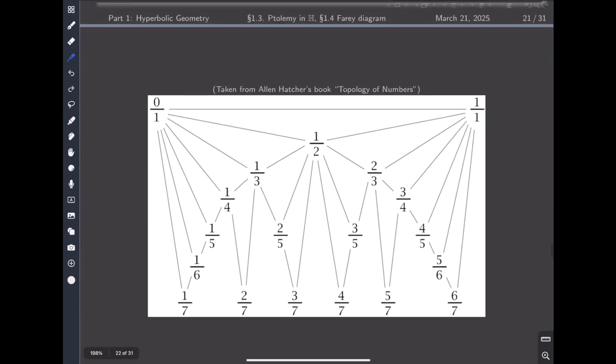Some steps. So for example, here, if we start with 0 and 1, then of course they are both connected to infinity.